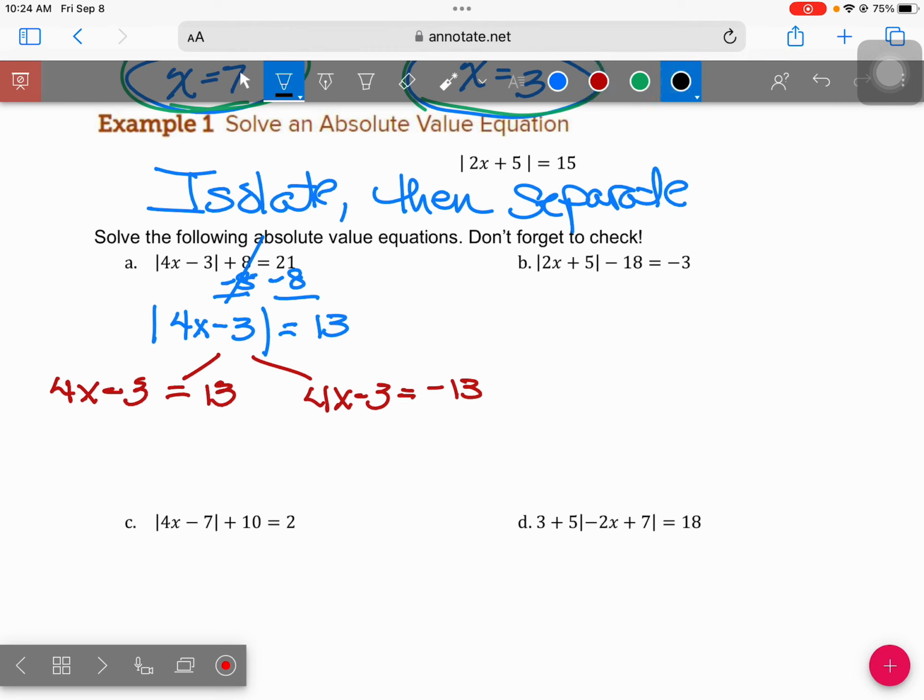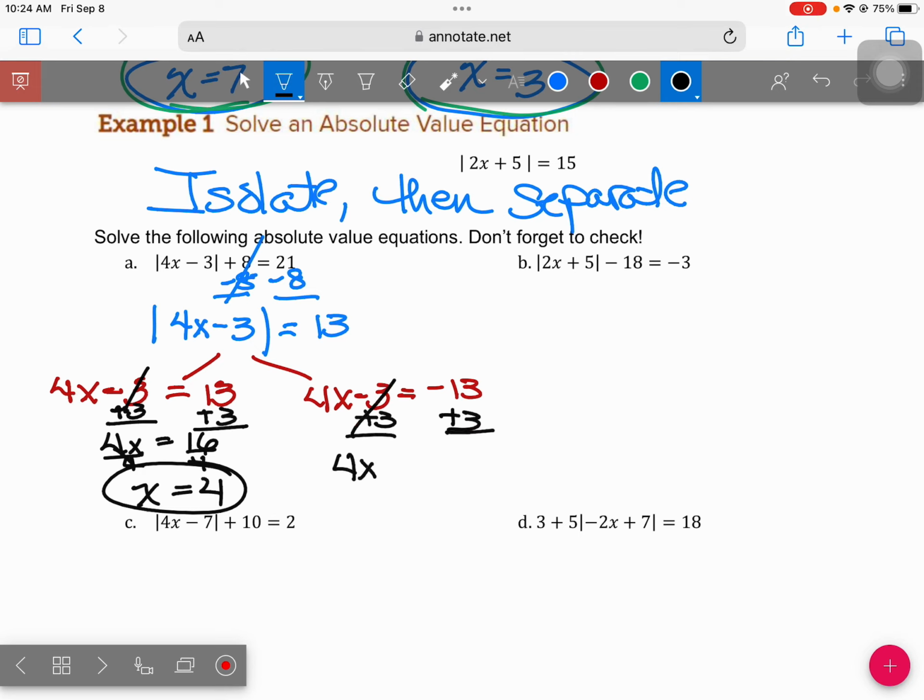Now we just solve. Add 3, add 3. 4x is equal to 16. Divide by 4. So x is equal to 4. Over on the other side, the second case, add 3, add 3. 4x is equal to negative 10.